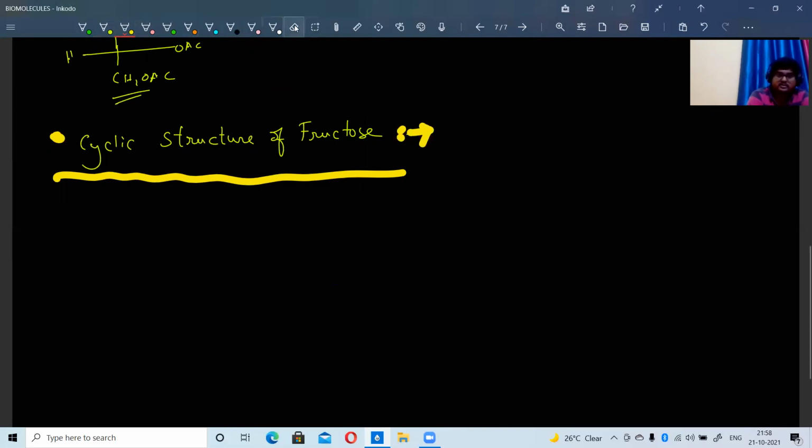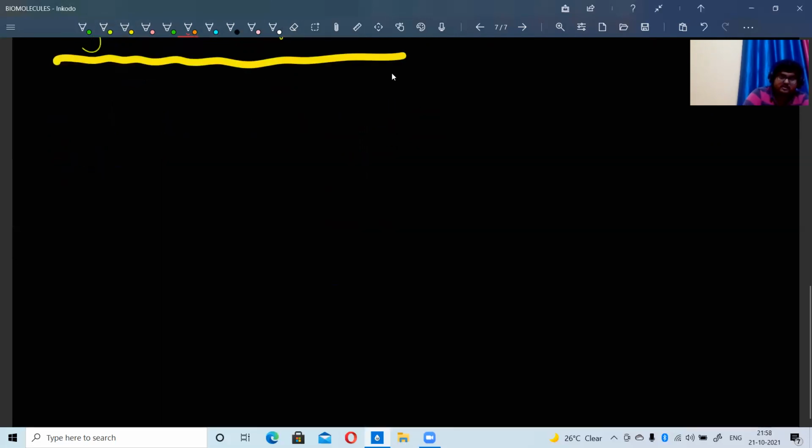Now how can you draw the cyclic structure of fructose? Just a minute. First we try to draw the normal open chain form, which was already discussed.